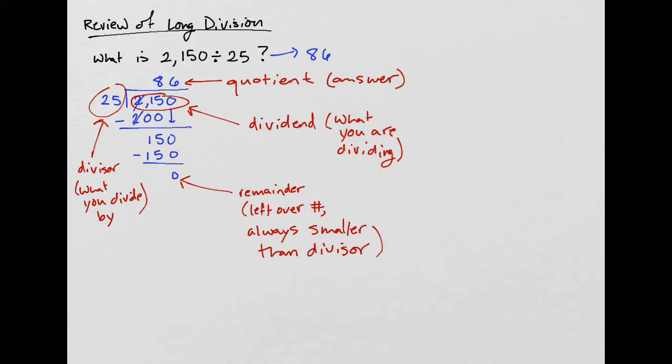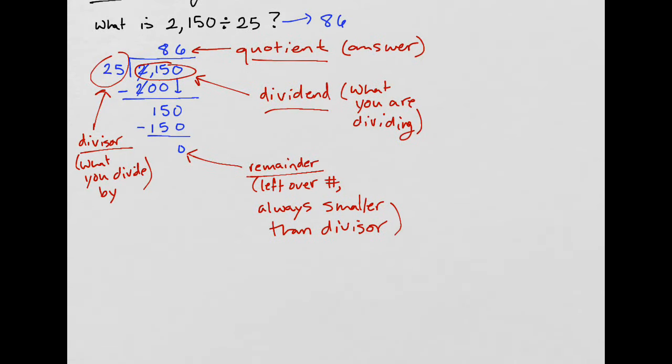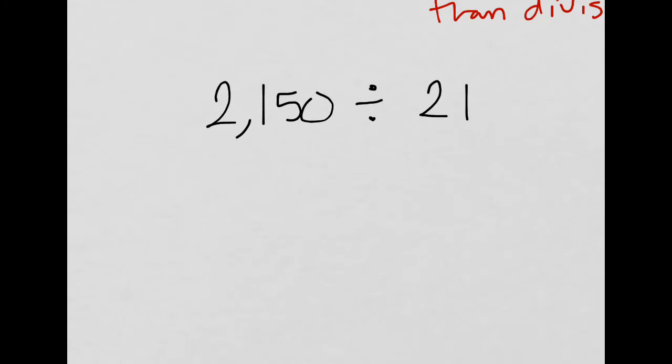Let's do one more example of regular division where it doesn't go in evenly. So we have those key terms, those vocabulary words. All right, let's stick with 2,150. So what about 2,150 divided by 21? This is the dividend.